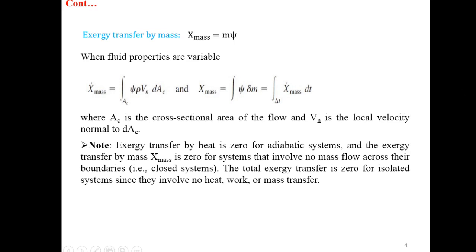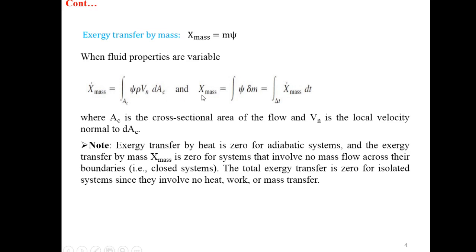When fluid properties are variable, then the exergy rate transfer by mass will be equal to the integration over the area of stream exergy or flow exergy per unit mass into density into velocity into area.